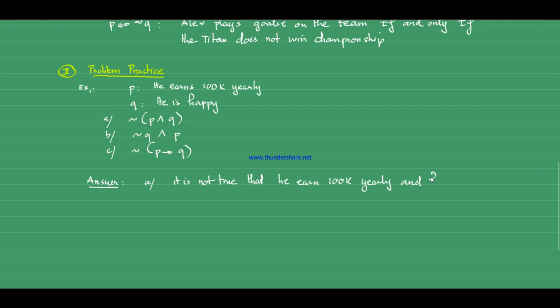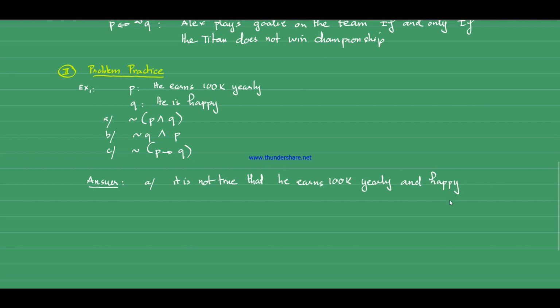And happy. I got the grammar wrong over here. Usually it would be he earns 100,000 and is happy. I'm not sure, but whatever it is, that's the English part. You see that this is negation, so it's not true he earned 100,000, and is happy.